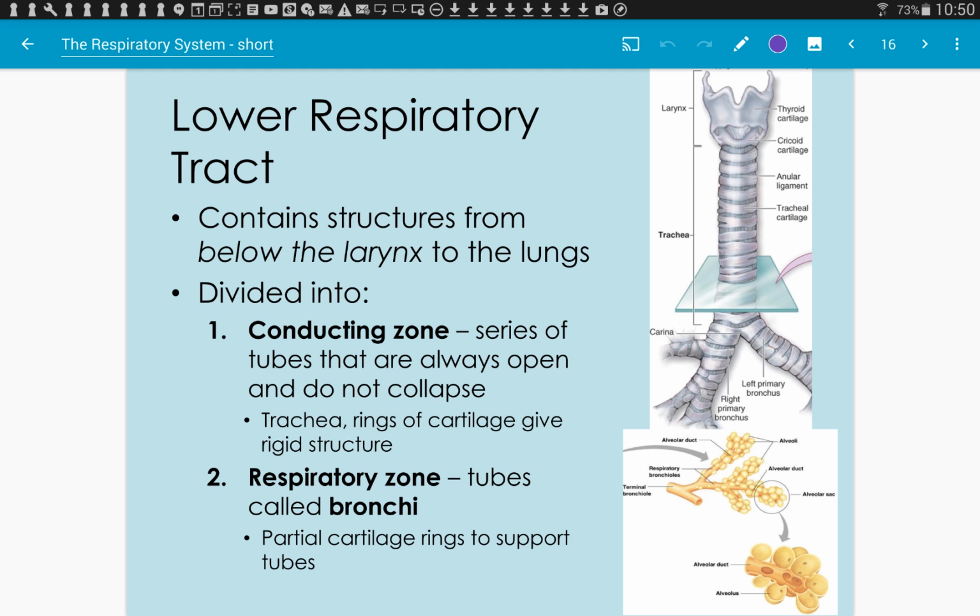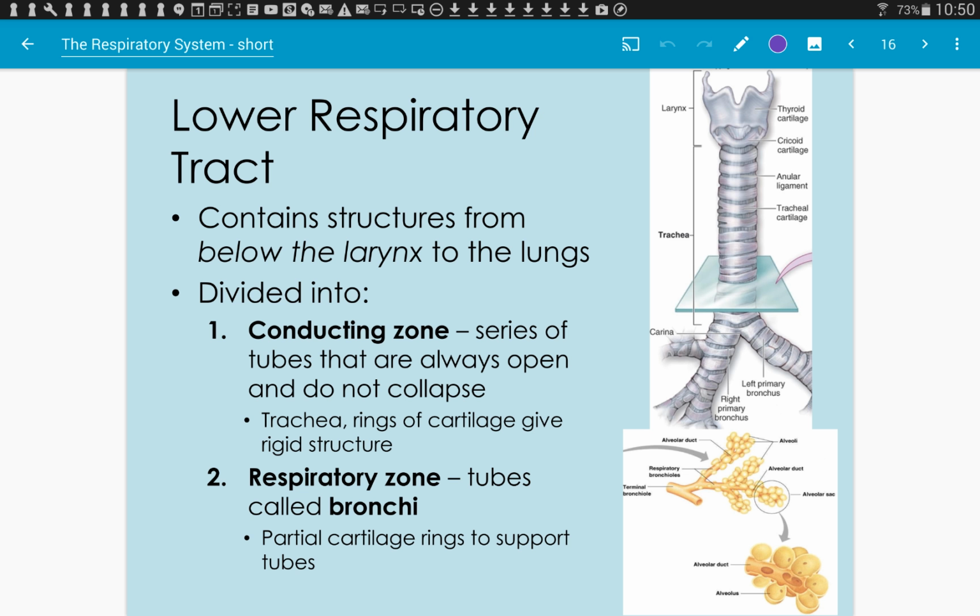Within the conducting zone, you have all these tubes that are reinforced with cartilage, like your trachea. They're held open all the time to allow air to pass through, air that gets all the way to the respiratory bronchioles. If we didn't have the cartilage there, what would happen? Let's say even in our trachea, what if we didn't have cartilage?